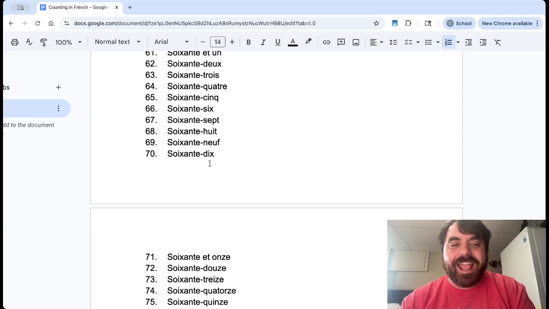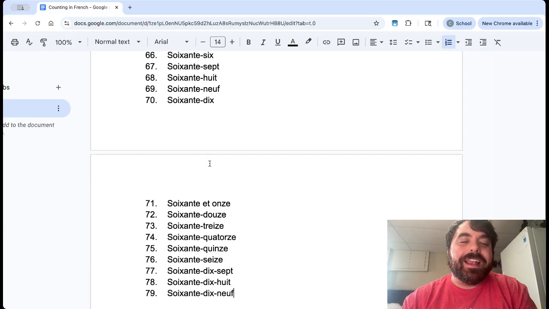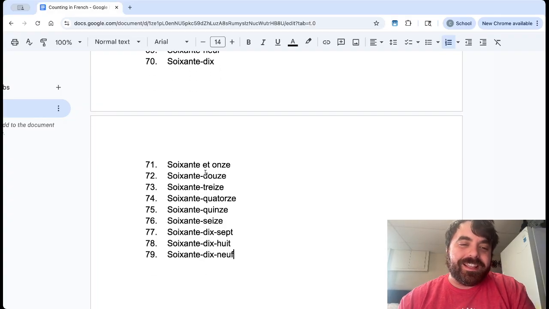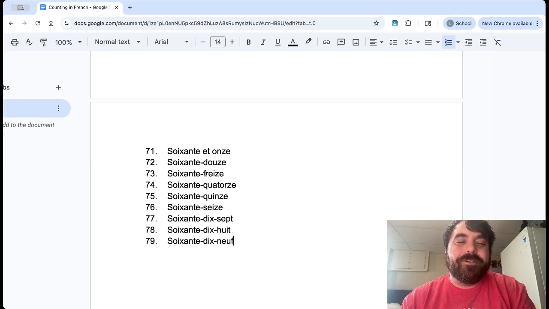It is instead soixante-dix, 60-10. And therefore, since 60-10 is 70, obviously 71 would be 60 and 11, right? Because it's 60 plus 11. That makes perfect sense. And then 72 would be 60-12, 60-13, 60-14, 60-15, 60-16, 60-17, 60-18, 60-19.